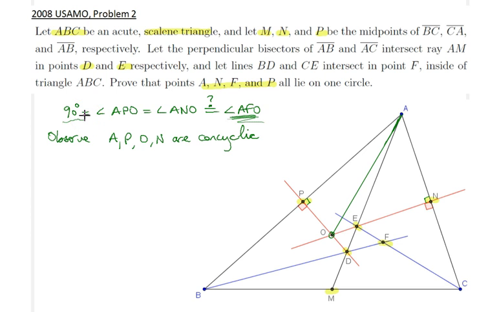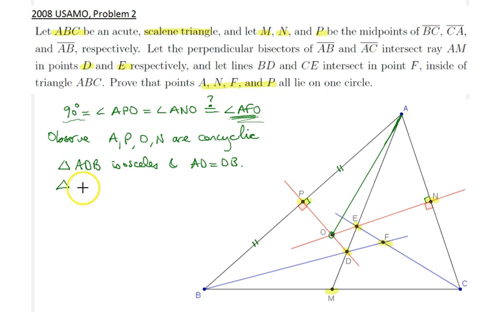Let's first observe that triangle ADB is isosceles. Why would that be? Because BP is equal to PA, because P is the midpoint, and we have a perpendicular bisector. As a result, triangle ADB is isosceles, and as a result AD would be simply equal to DB.